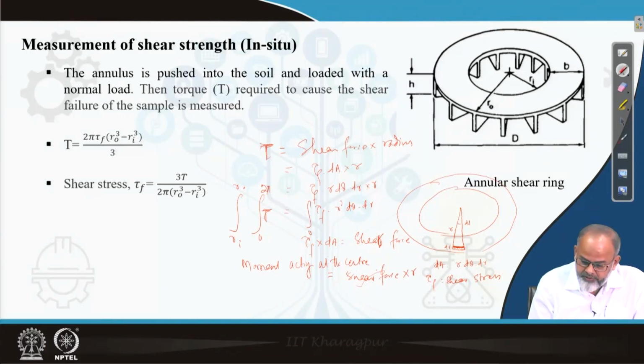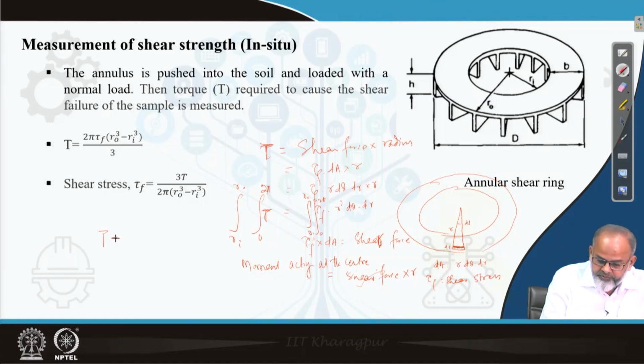That way we get the expression: torque T will be equal to 2 pi into tau F into (r0 raised to the power 3 minus ri raised to the power 3) divided by 3.